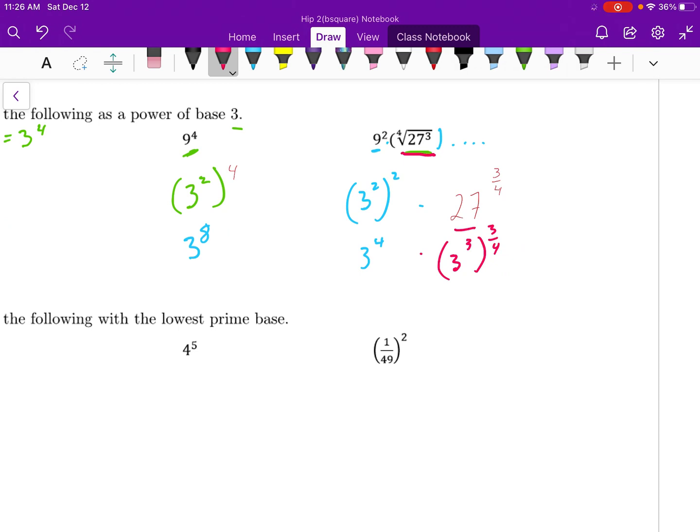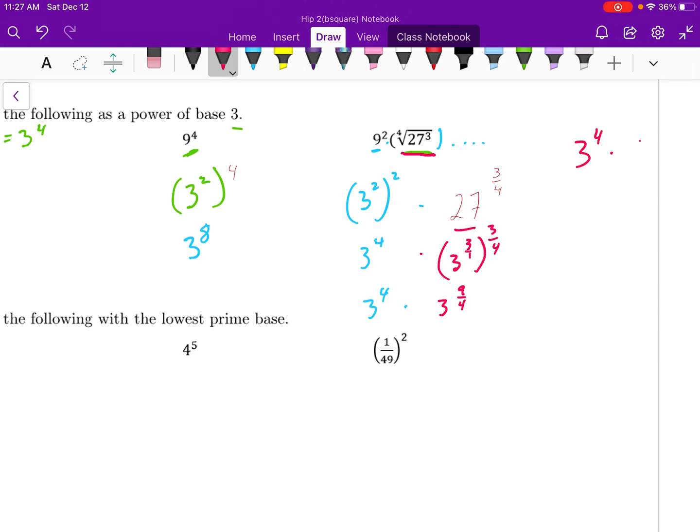Now, this ain't getting nice, is it? But I promise we're almost there. 3 to the power of 4 times 3 to the power of 3 to the power of 3/4. Well, 3 to the power of 3 is really 3 over 1. A power of a power is that we simply multiply the exponents. So that's going to be 3 to the 9/4.